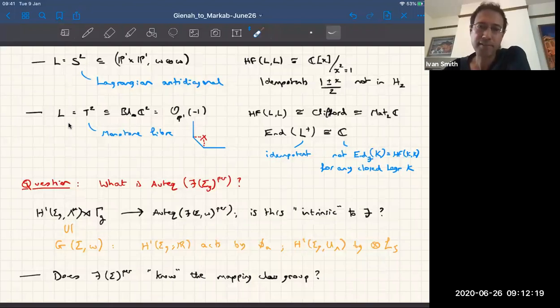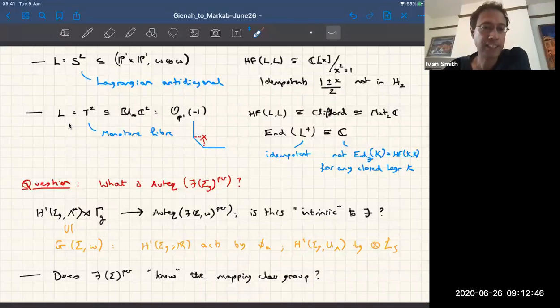And in fact, there's something a bit bigger that acts. Instead of just thinking about symplectomorphisms of non-trivial flux corresponding to H1 with real coefficients, one can also think about tensoring by non-trivial Novikov unitary line bundles. Those give autoequivalences of the Fukaya category, since our objects were Lagrangians with local systems.